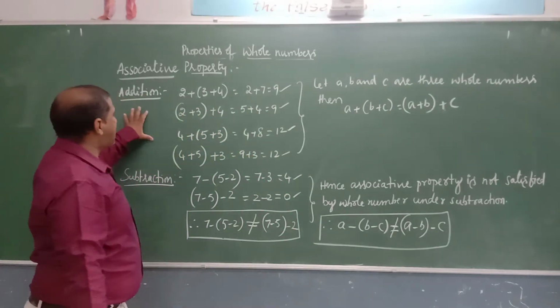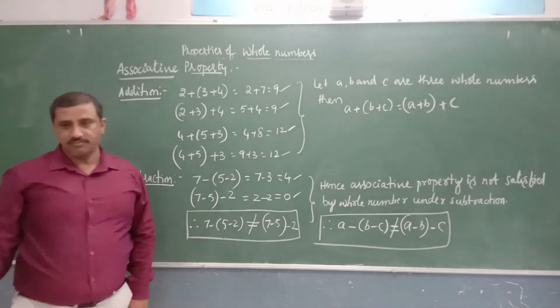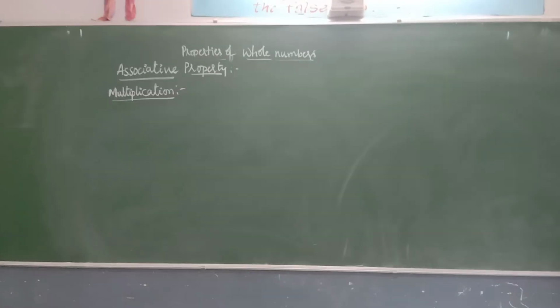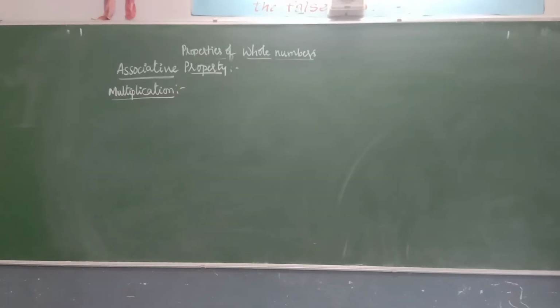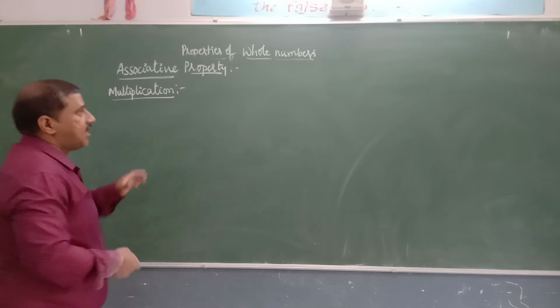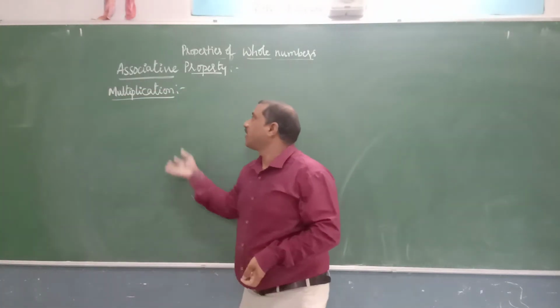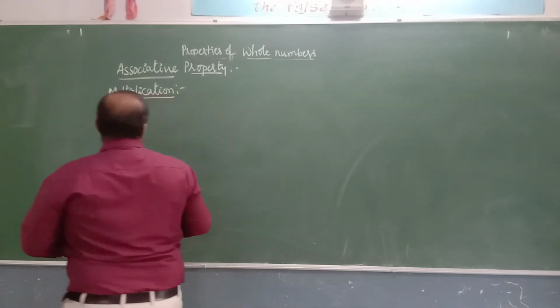Now we will discuss under multiplication. Now associative property under multiplication we will see. So take an example for multiplication.